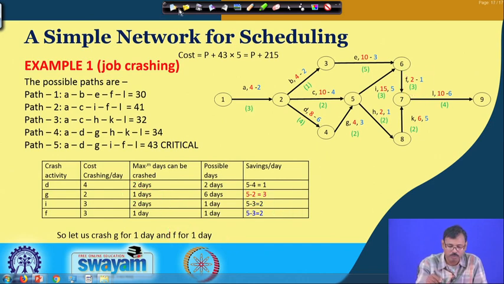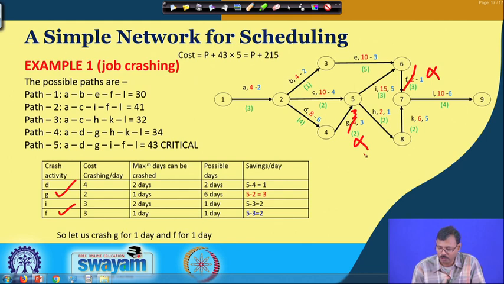So, what we did, we crashed job G and job F. Job G will become 3, that means no more crashing is possible here, and job F will become 1, so no more crashing is possible in this case.